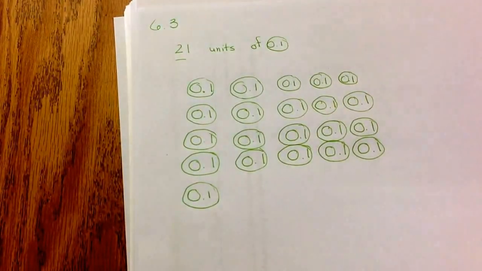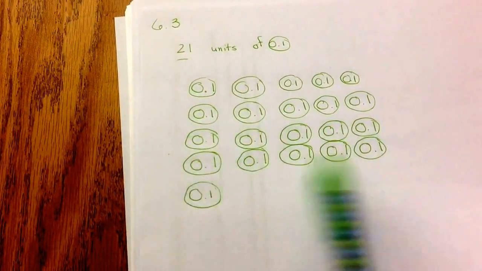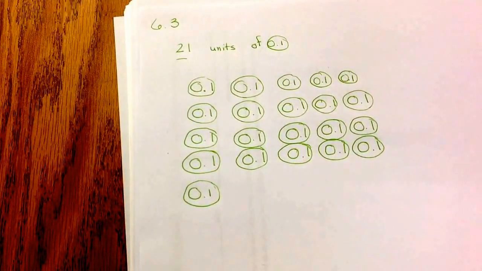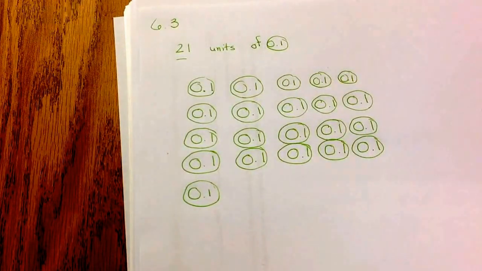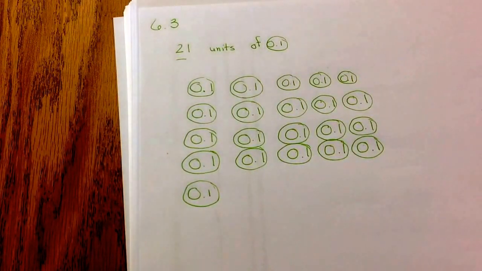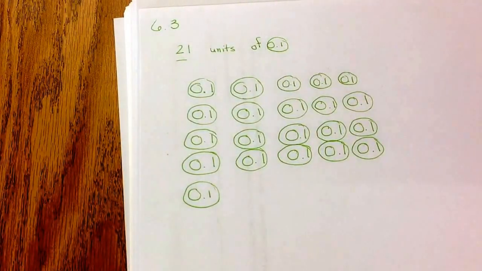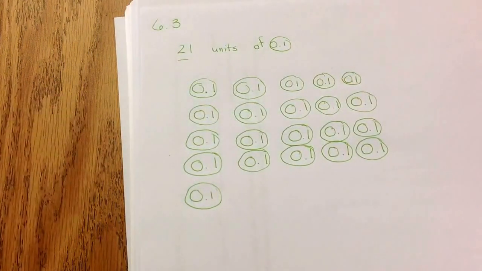Here's what yours should look like. I have 5, 10, 15, 20, 21. So what we're going to do now is see if we can group them into smaller groups. Bundle some so that they are worth the same thing. Does anybody think they can group these tenths?